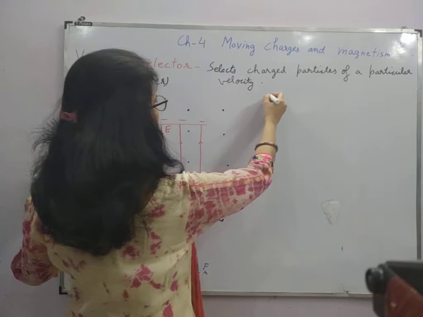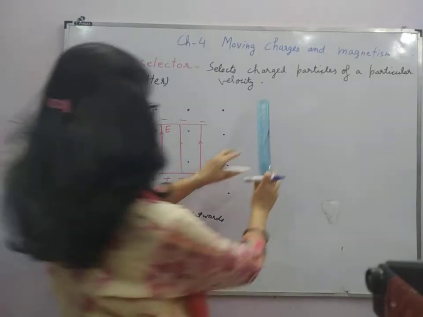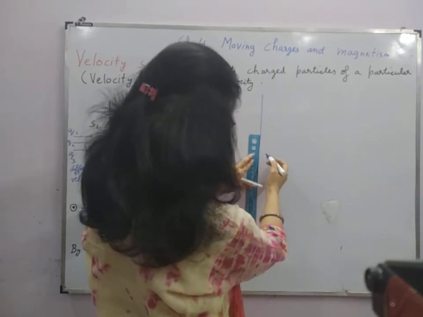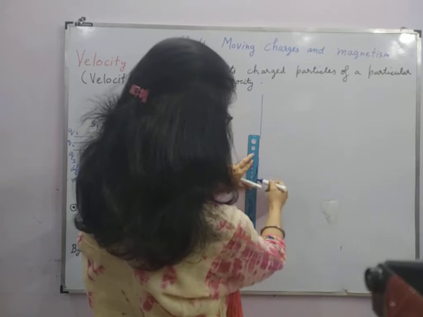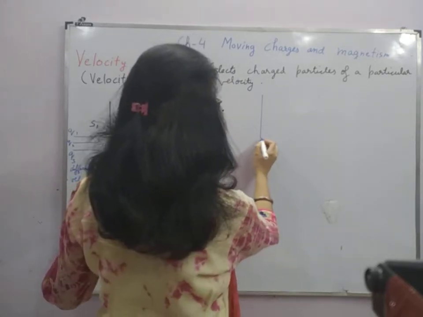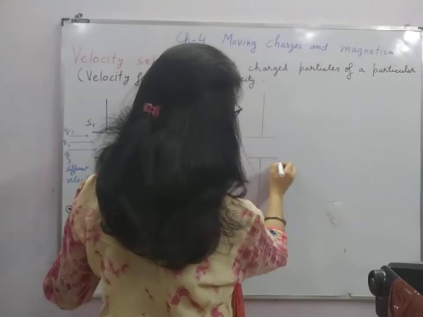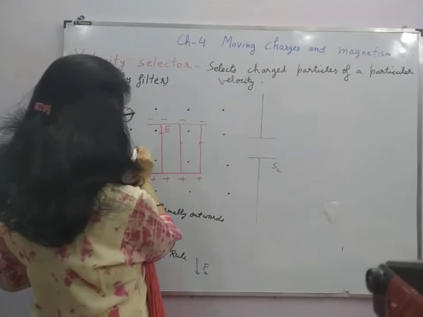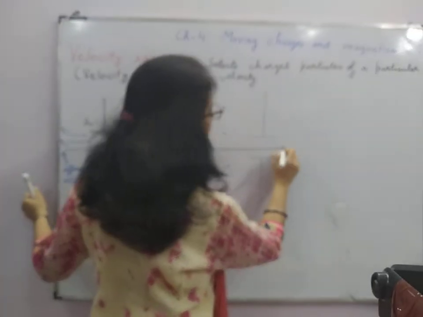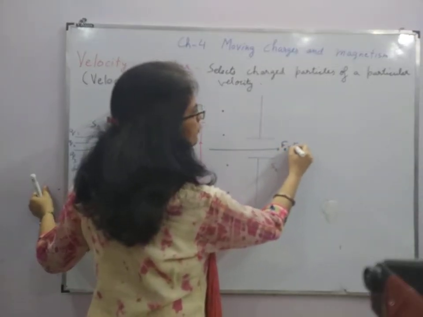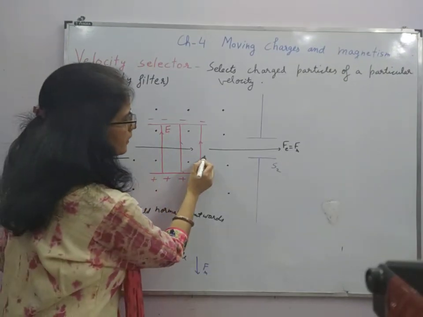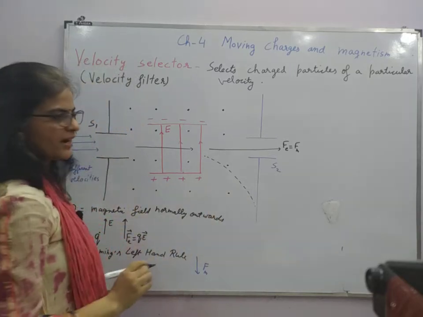So if we place a screen over here with a slit, only those particles will pass for which the electric force is equal to the magnetic force. If magnetic force is more, the particles will be deflected this way.